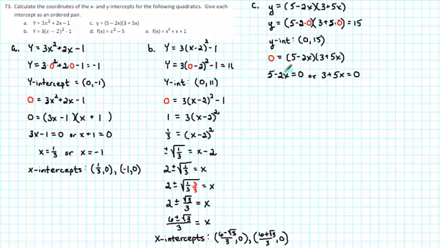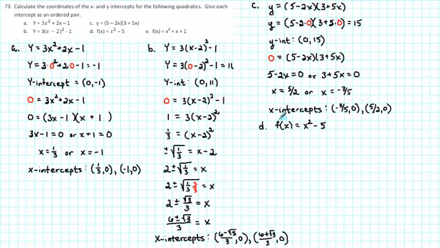So we get 5 minus 2x is equal to 0, or 3 plus 5x is equal to 0. We solve each of these equations for x, and we get x is equal to 5 halves, or x is equal to negative 3 fifths. So the x-intercepts are (negative 3 fifths, 0) and (5 halves, 0).